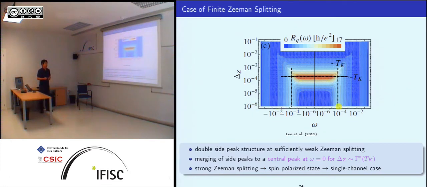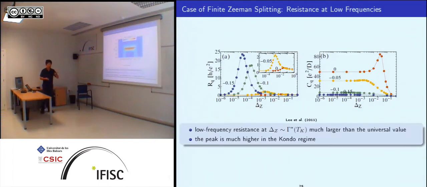In the absence of Zeeman splitting, the peak occurs at a frequency equal to the Kondo temperature, and in the presence of Zeeman splitting, the peak appears when the Zeeman splitting equals the Kondo temperature. For larger Zeeman splitting, the resistance goes to the universal value, because with large Zeeman splitting the state in the Kondo dot is simplified, so that we have only one single channel.